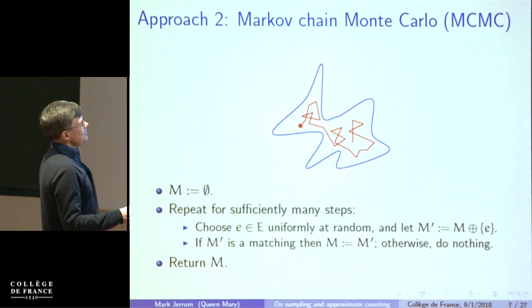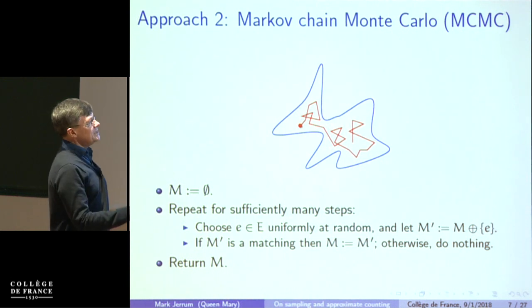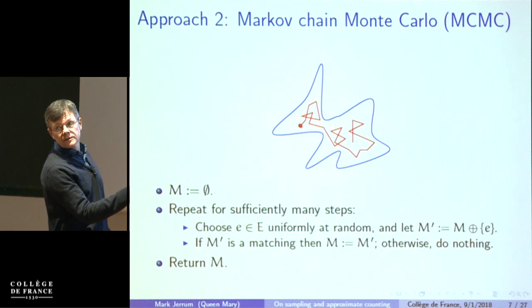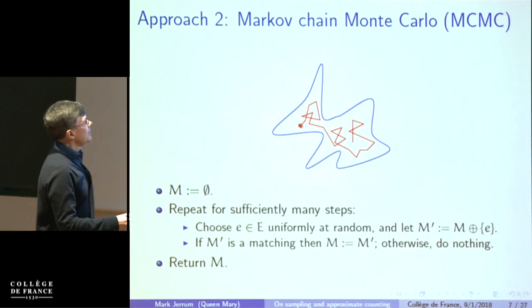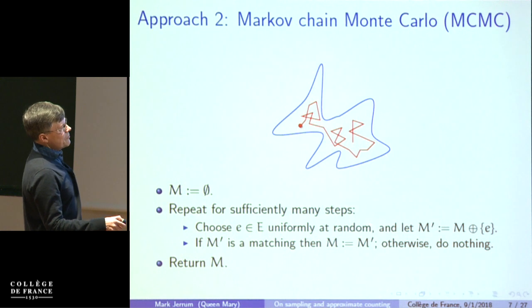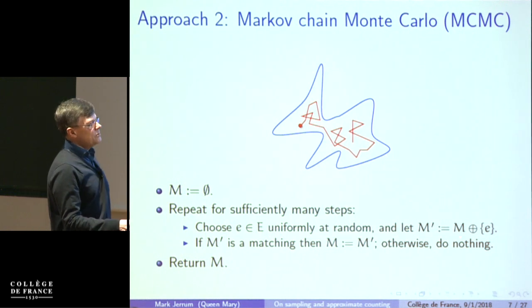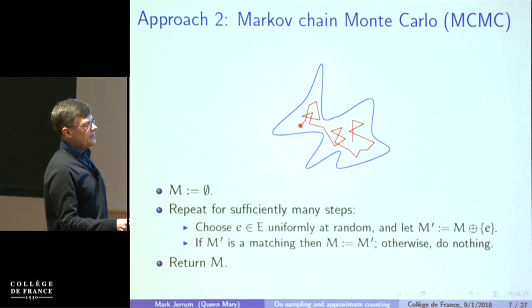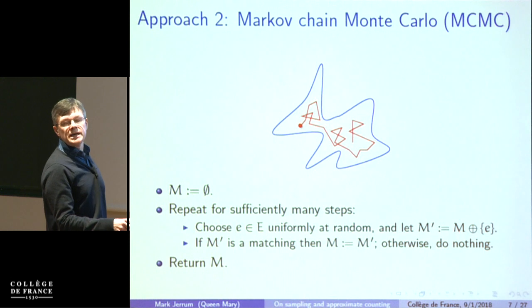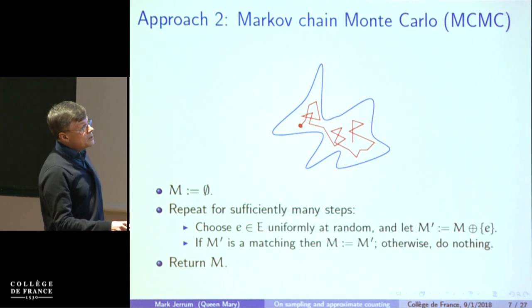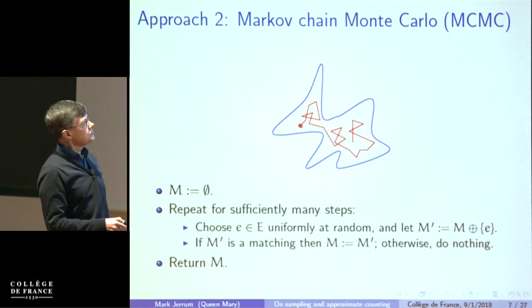So how do you move around this space? Well, it's easy. You're at a current matching, which is a subset of edges. You choose an edge uniformly at random, and then you take the symmetric difference. So if this edge e is in the matching, you take it out. And if it's not in the matching, you put it in.